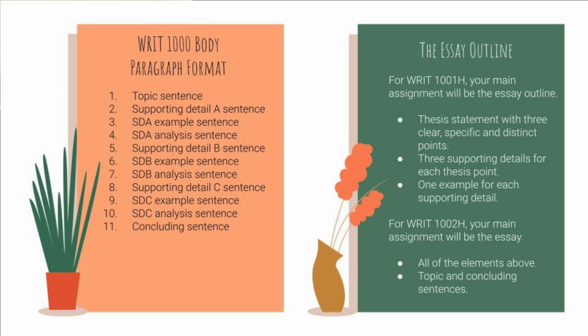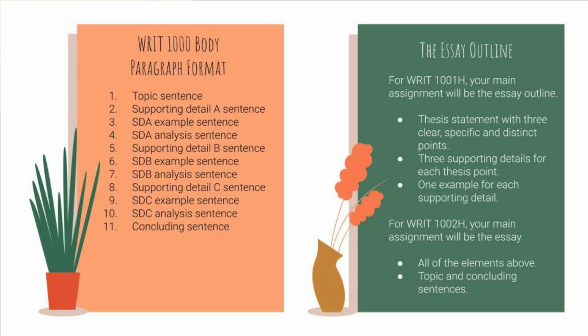The essay outline that you're writing in this course for your main assignment, you will have a thesis statement with 3 clear, specific, and distinct points. Each of those 3 points will have 3 supporting details, and you will also have 1 example for each supporting detail. You will be writing this in point form. You will not go into extensive detail, and you won't even have to write the full entire sentences, all right?